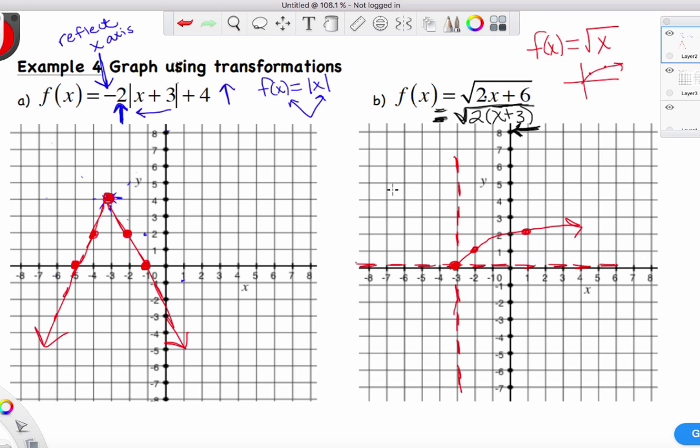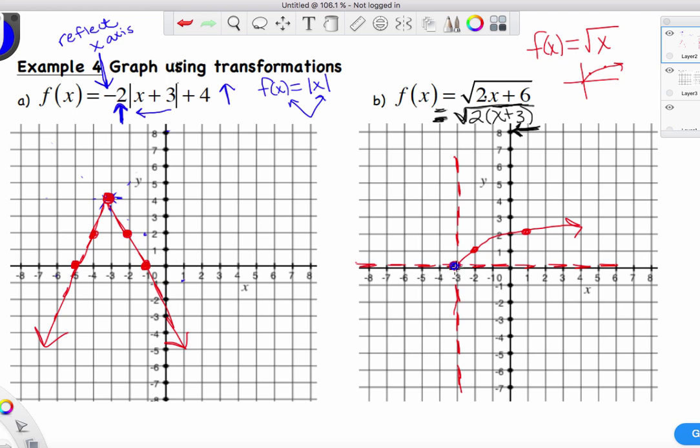A number that's being multiplied inside the function is going to have the opposite effect of what you think it should have. Instead of doubling the x movement, it's going to half it, and it's going to compress it.